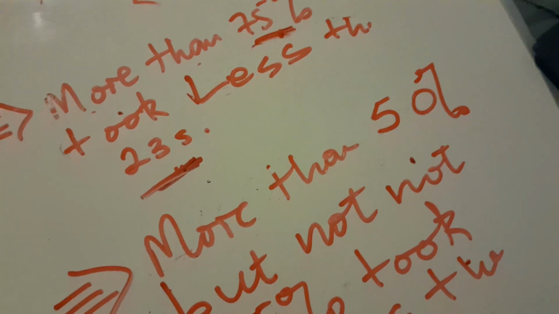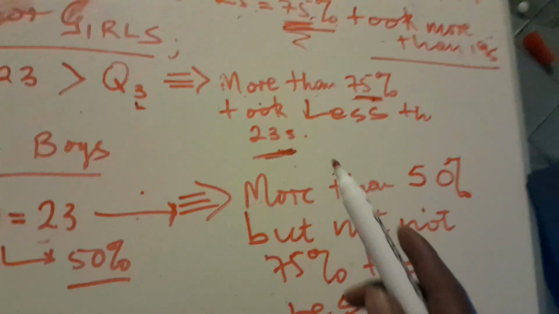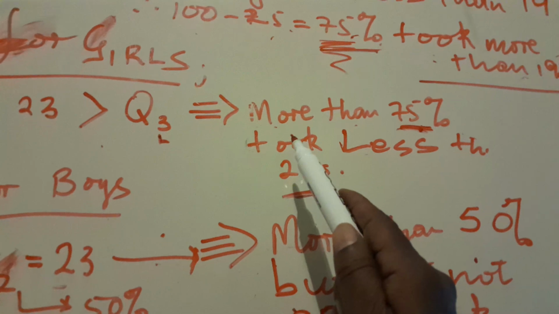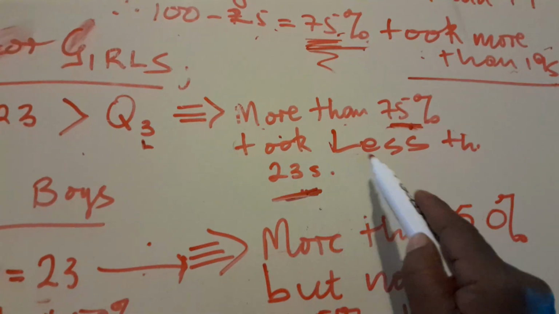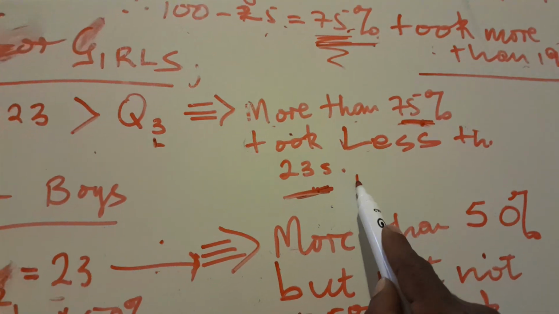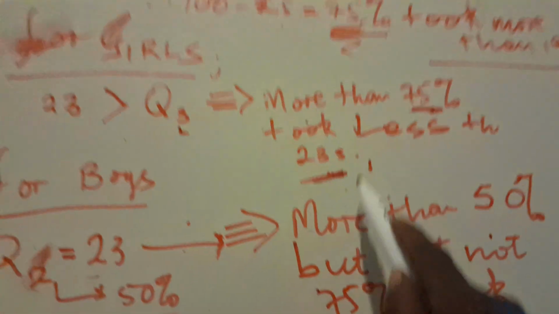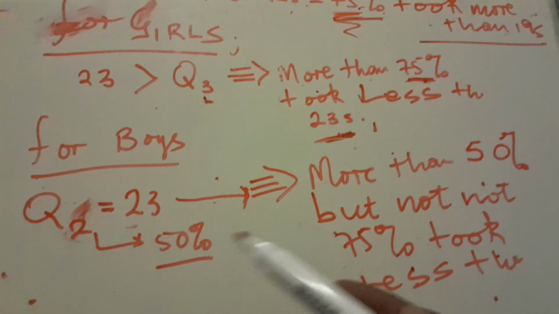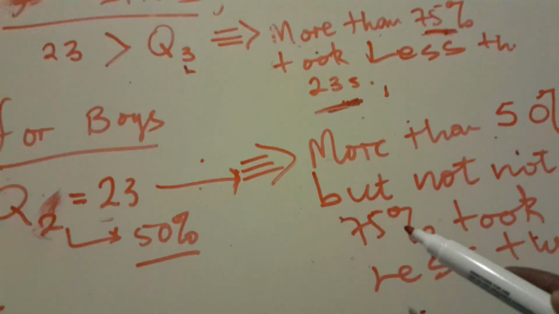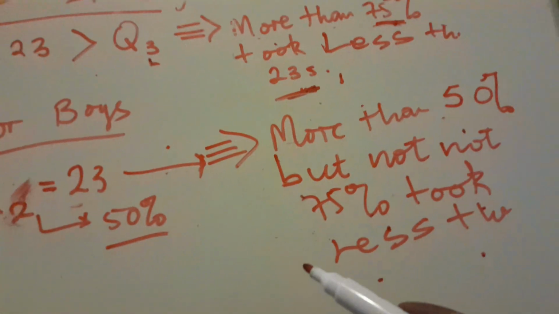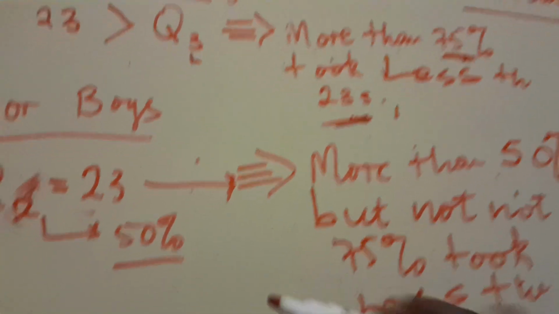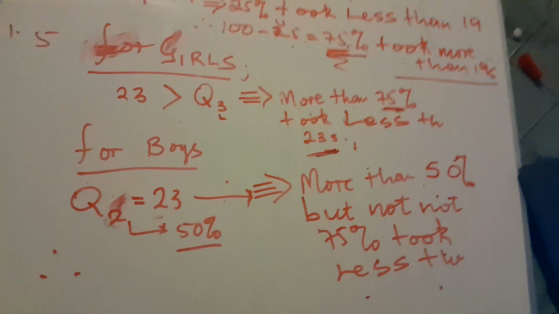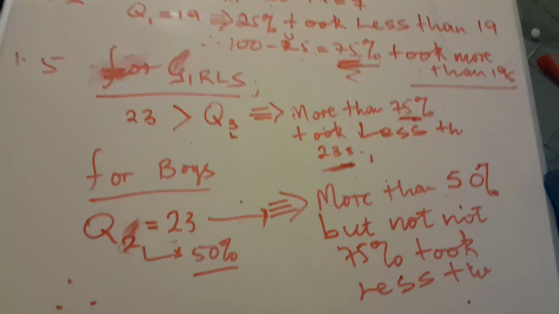Therefore more girls completed the puzzle in less time. If we are saying as for the girls, more than 75% took less than 23 seconds, only 50% of the boys took less than 23. Clearly, it shows you that the girls did better in the test. Yes. Thank you and good night.